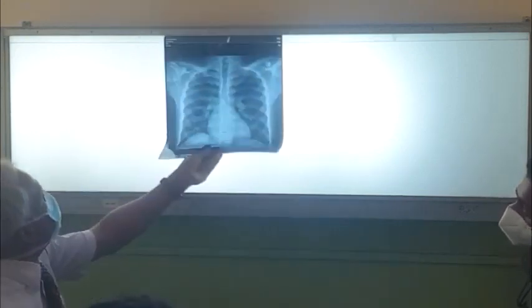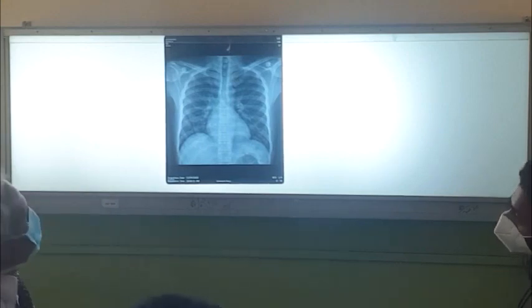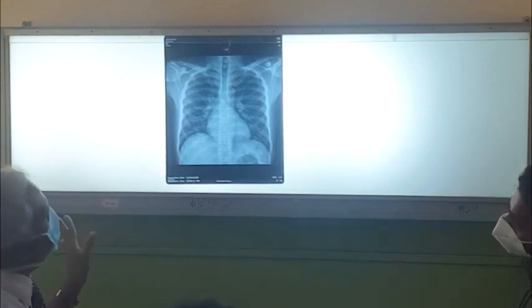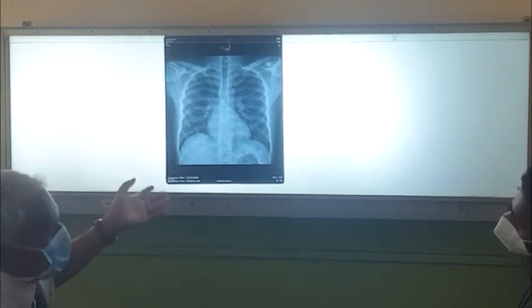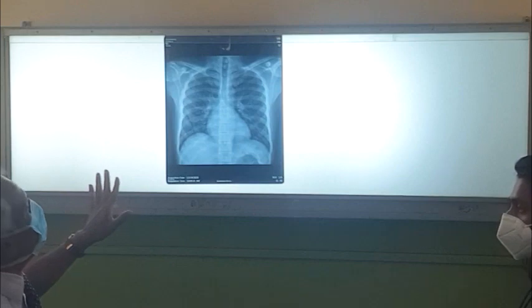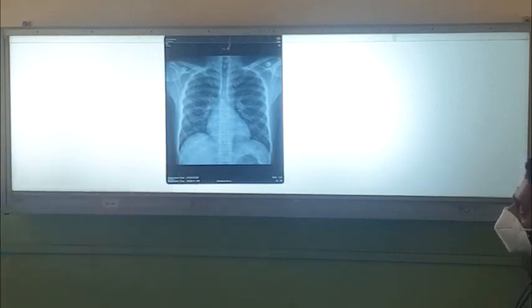That's two more. Right. This one I'm just keeping here because this patient came to the private sector during this COVID period. He is a 40-year-old male patient with difficulty in breathing, right? They had done an X-ray and sent him back.